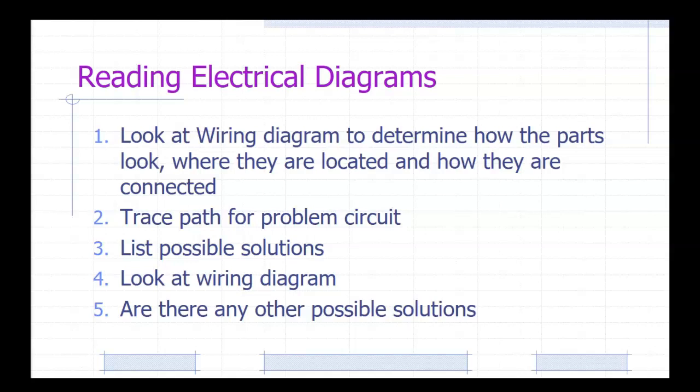Then start trying to identify your parts. If it's a weird part, it might be listed in the legend, and then you have to go find it somewhere in the schematic. It's not a terrible thing, and it works pretty well for what it does. So once you've identified the part you're looking for, you start tracing that path to find where the problem started from.